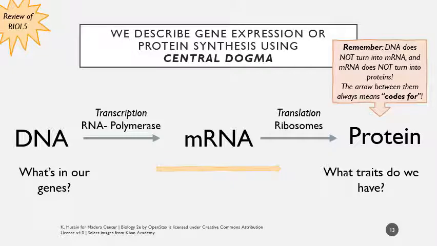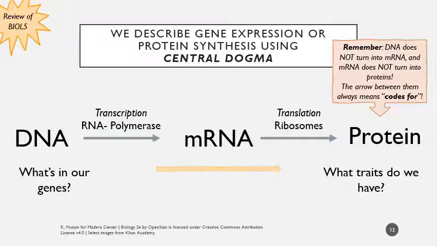So here, just to summarize this idea of gene expression, also called protein synthesis or the central dogma, DNA codes for messenger RNA using RNA polymerase. That's an enzyme that polymerizes RNA. It puts together a big messenger RNA molecule through a process of transcription.